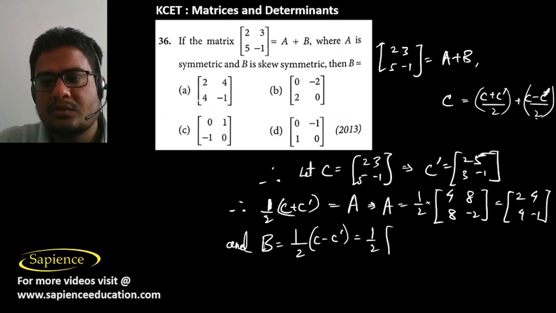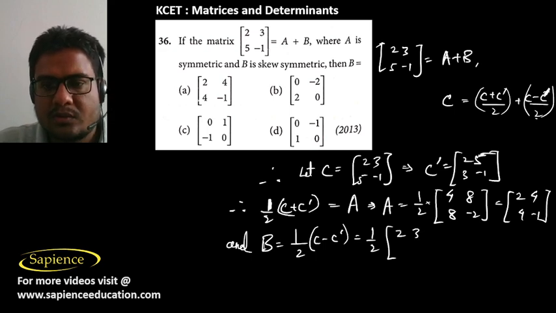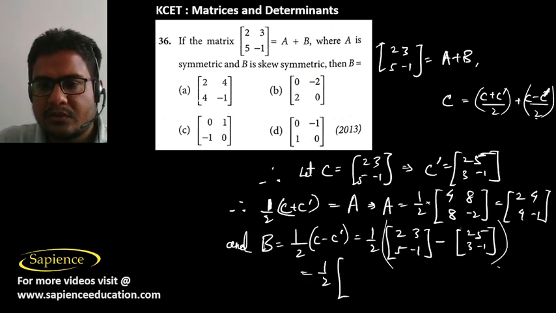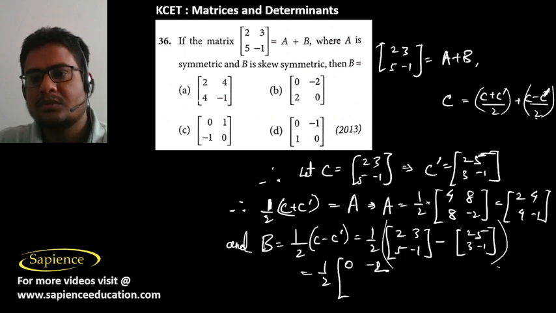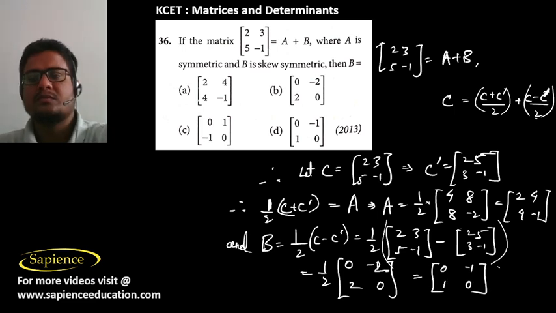So that is half into C, that is 2 3 5 minus 1, minus C transpose, which is 2 5 3 minus 1. So this will be half of, 2 minus 2 is 0, 3 minus 5 is minus 2, 5 minus 3 is 2, minus 1 plus 1 is 0. This will be 0 minus 1 1 0. This is the matrix B.